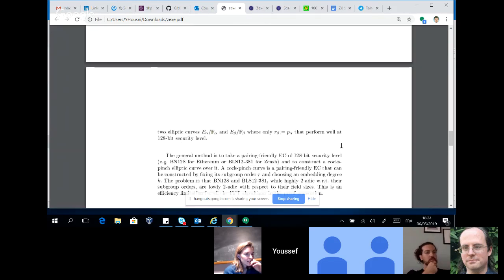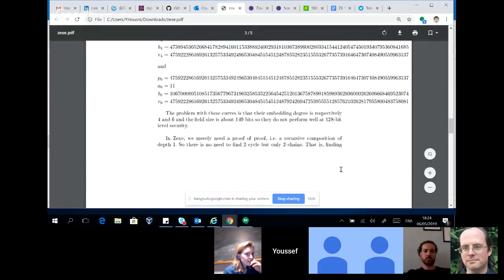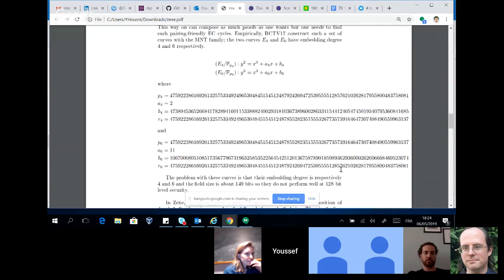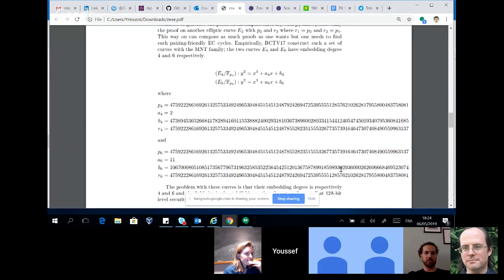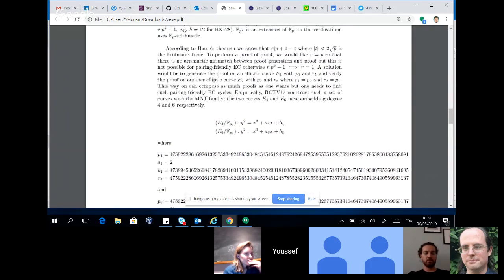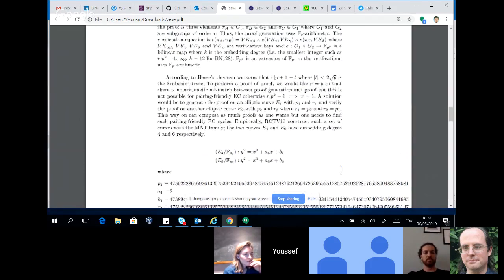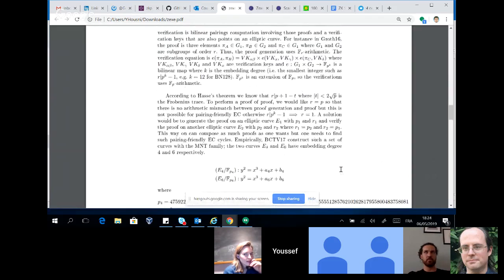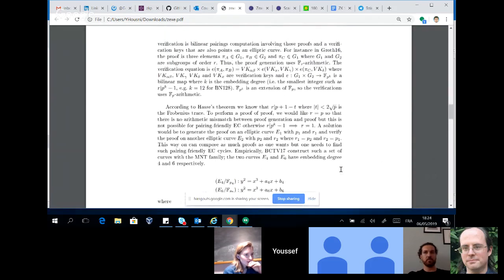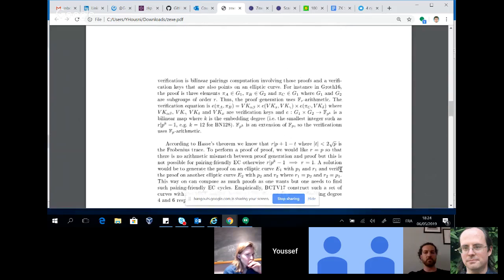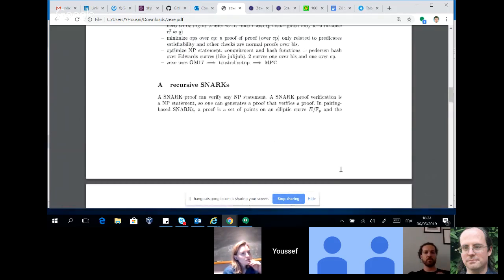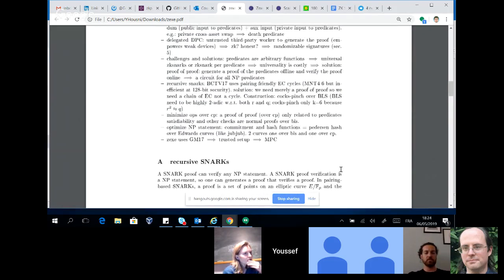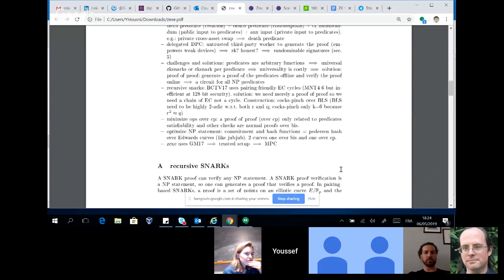So we cannot find elliptic curves with p equal to r that are still pairing friendly. We can do it if they're not pairing friendly, but then we end up with an elliptic curve that has a Frobenius trace equal to 1, and then we know some attacks like the Smart attack that break the discrete logarithm in those anomalous curves.